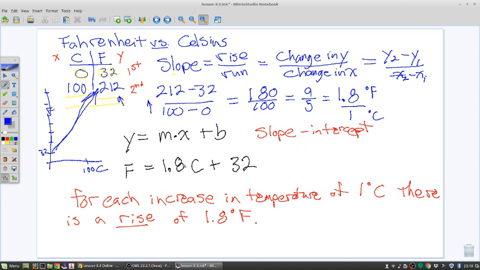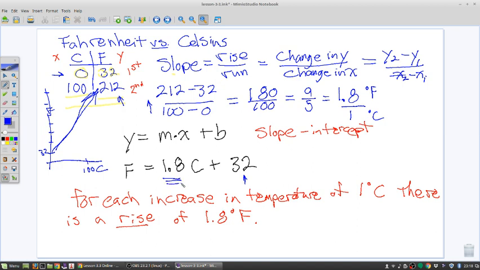Putting that together into an equation, I've calculated my slope is 1.8 simplified. My x is really a Celsius temperature, my y is a Fahrenheit, and when Celsius is 0, Fahrenheit's 32. So that's my starting point for Fahrenheit.